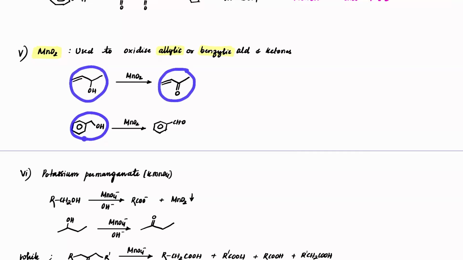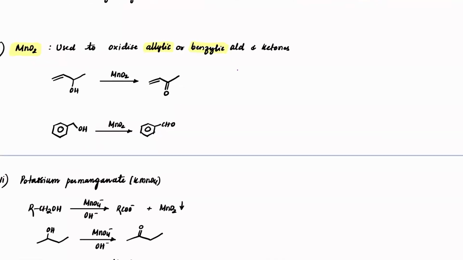It is an allylic 1 degree, benzylic alcohol, converts into aldehyde. So if you have any allylic 1 degree, it will convert into aldehyde. Allylic 2 degree, convert into ketone. Allylic 3 degree, no reaction.